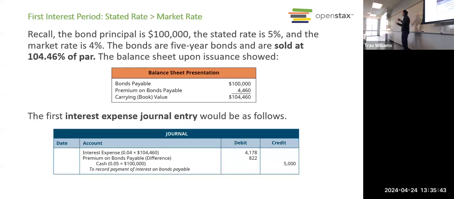But that's where we do the effective interest calculation to figure out how to amortize the premium. And as I said, that decreases your interest expense. So the interest expense here is the $5,000 we paid out to the investors minus the amortization of the premium. That's how we get that difference.